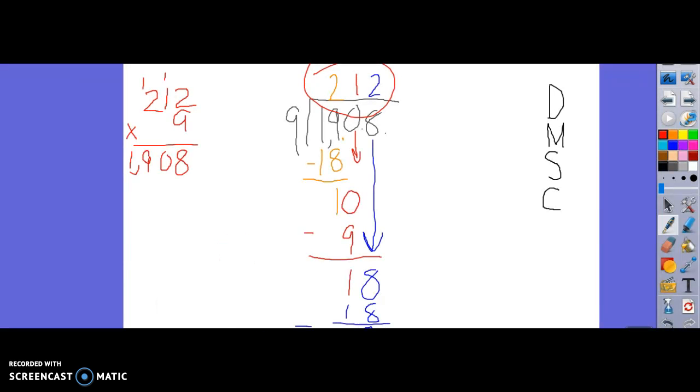The first thing you did was figure out how many groups went into 19, and that was 2. Then you figured out how many groups went into 10, and that was 1. Lastly, you figured out how many groups went into 18, and that was 2. So your answer is 212.